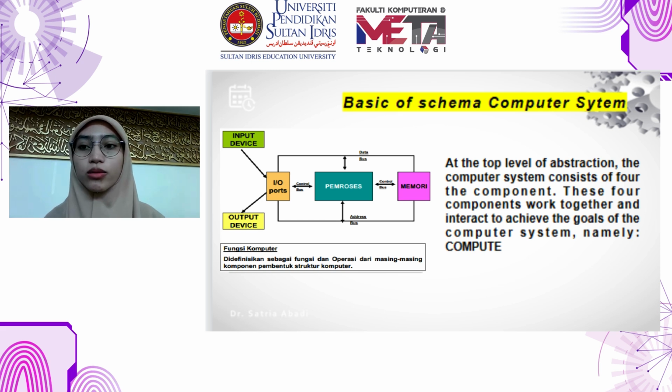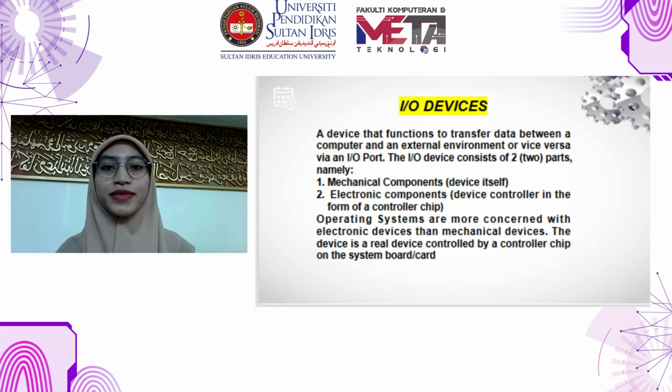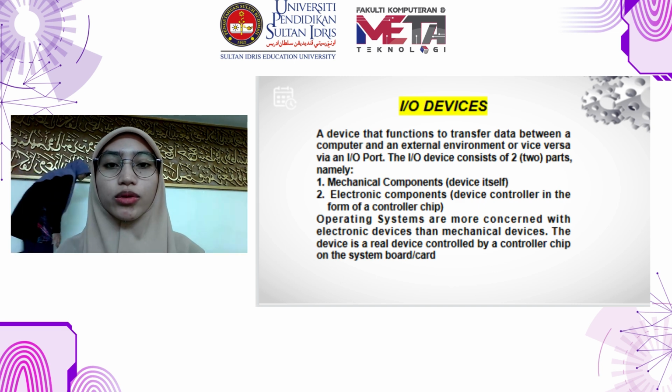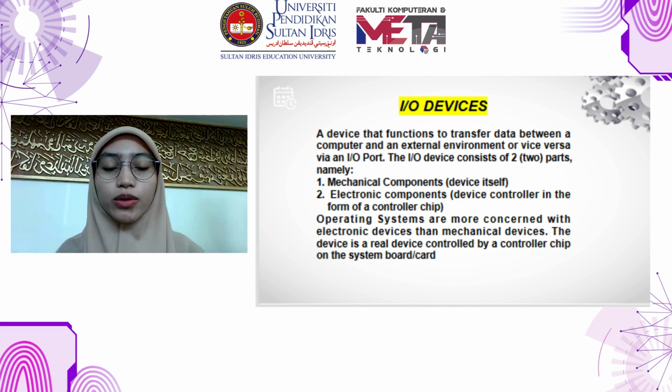So about this one, input or output devices: devices that function to transfer data between a computer and the external environment or vice versa, or input or output ports. Input or output devices consist of two parts.